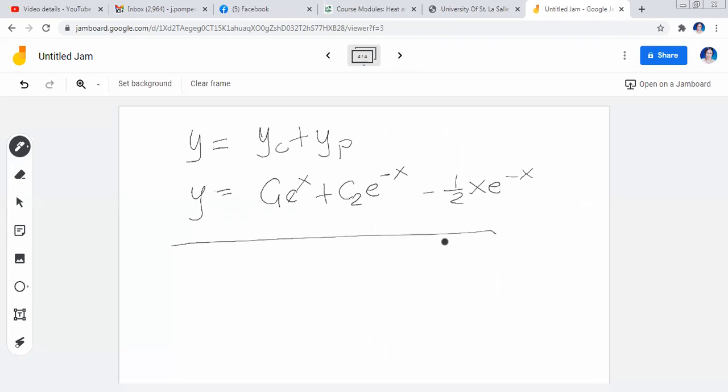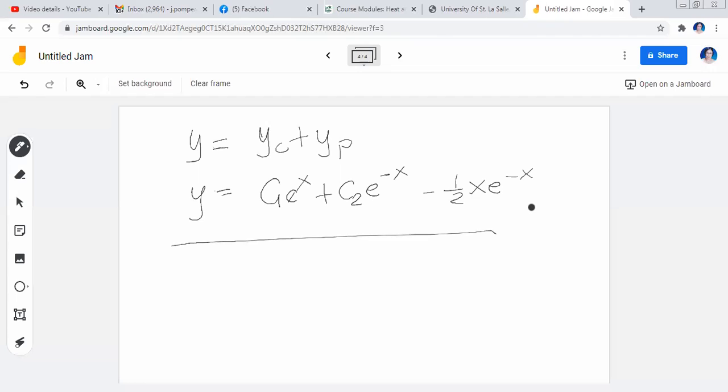It's actually a safer procedure compared to the method of undetermined coefficient, because you can easily forget that you need to modify your particular solution with the method of undetermined coefficients. In the case of this particular method, even if you forget, the answer will take care of that, because this one is already your modified particular solution.